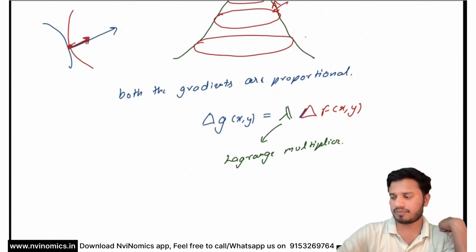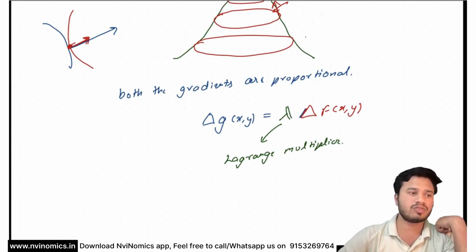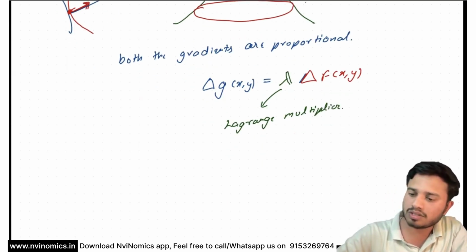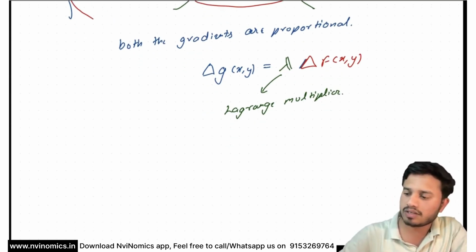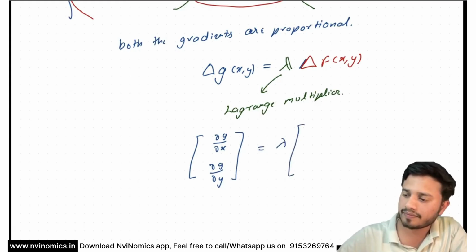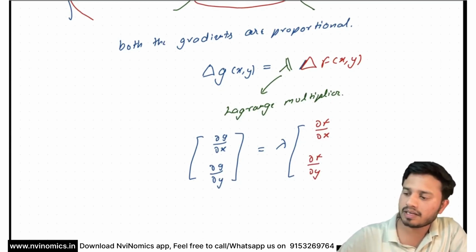With the help of this, we can solve. For a two variable case, we have del g by del x, del g by del y equals lambda times del f by del x, del f by del y, and solve it.